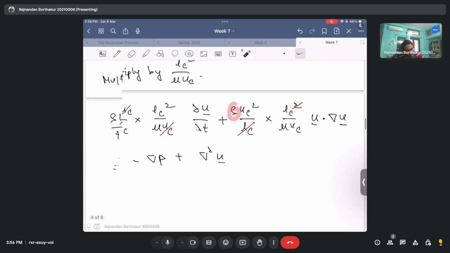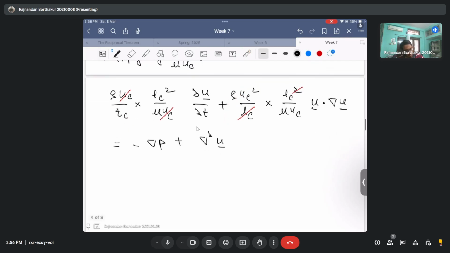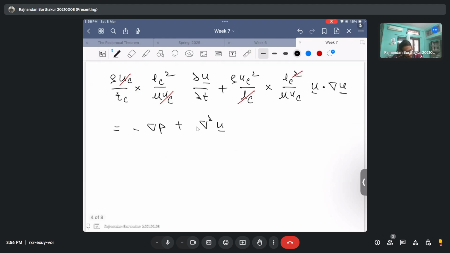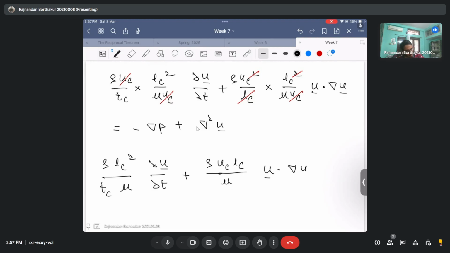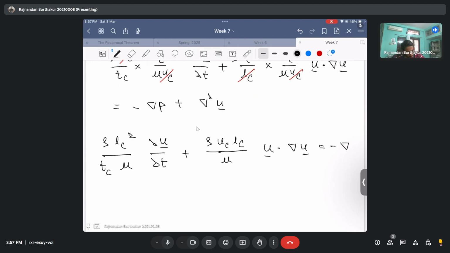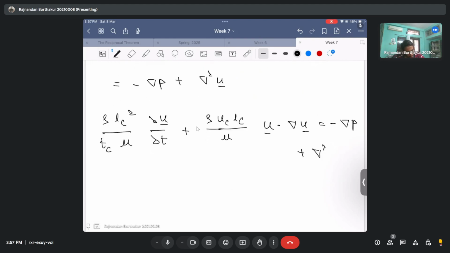And then if I rearrange, I get rho LC square by TC, and this is mu, times del U bar by del T, plus, this UC and one UC get cancelled, which means it is rho UC LC by mu, U dot grad U. And then this is minus gradient of P plus del square of U.